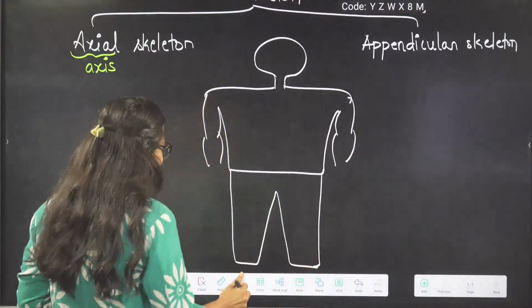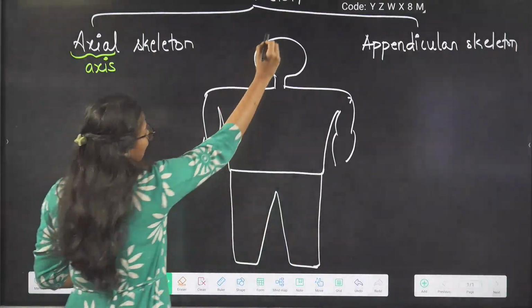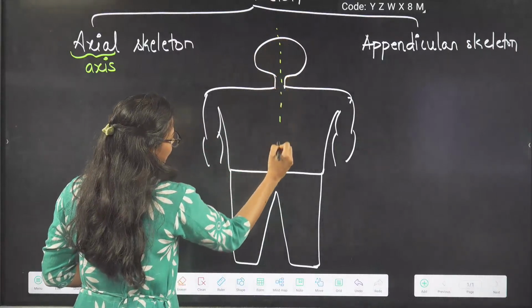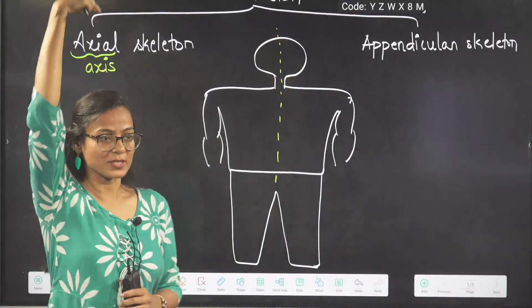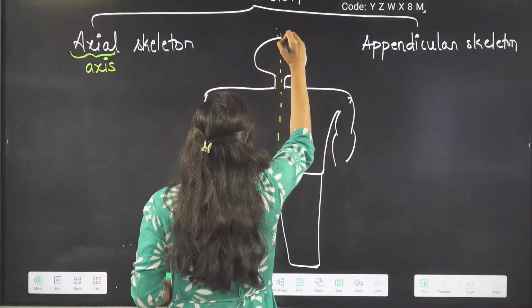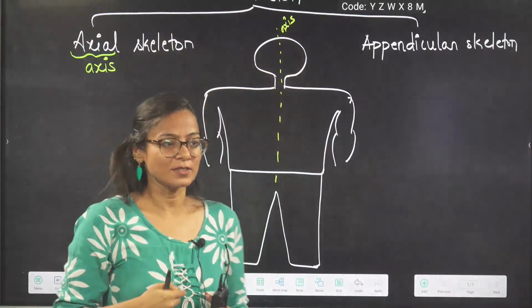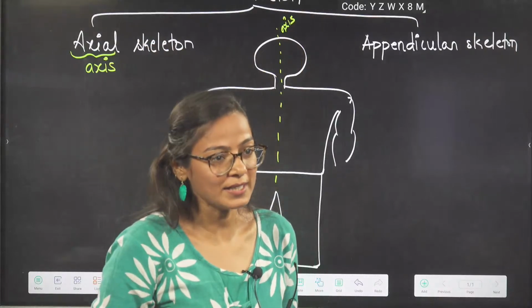It's fine, right? Now in this human body, just imagine a line passing through the center. This is an imaginary line. So this is actually the axis, an imaginary line passing through the center of the body.